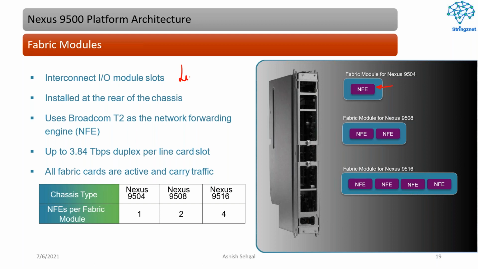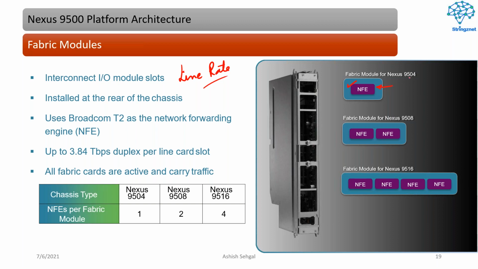Earlier we used the term line rate, meaning the communication between the line cards used to depend just on copper traces or some physical connectivity between them. But over here, the communication between line cards is based on a programmed intelligent ASIC chip called the network forwarding engine.